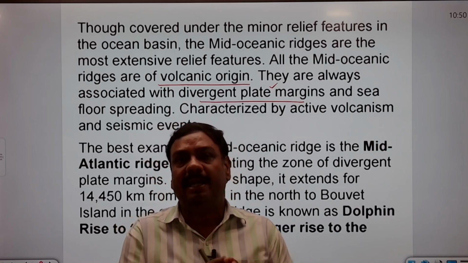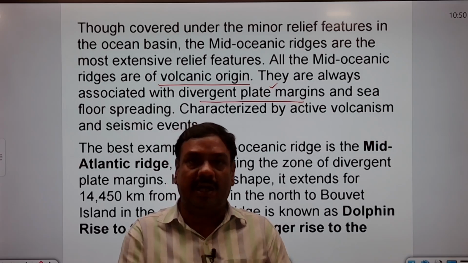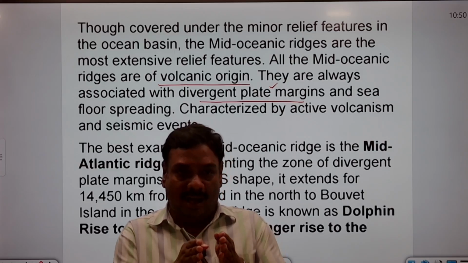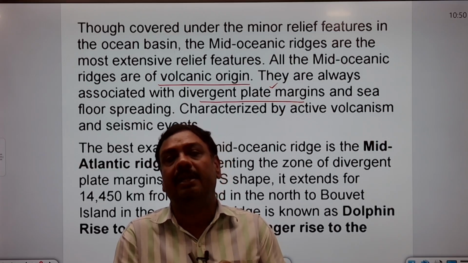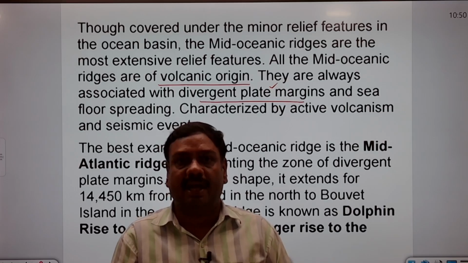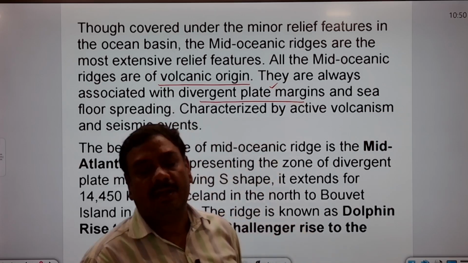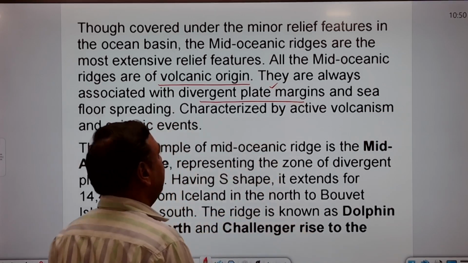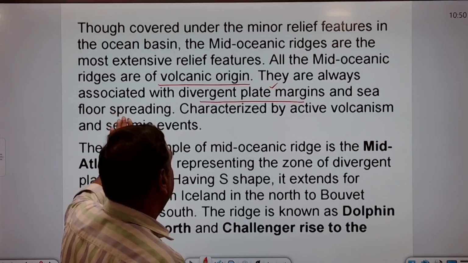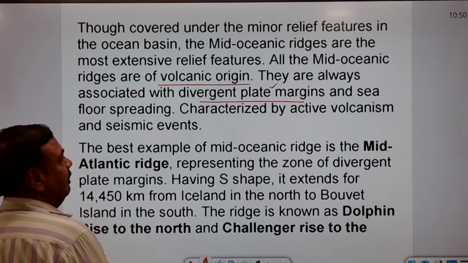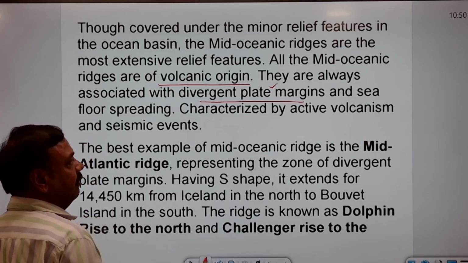So this magmatic material actually serves as a buffer zone, or you can say a point of joining between the two plates, right? So that is why the seafloor got spread in the region of mid-oceans, right? And that is why these are always associated with the divergent plate margins and the seafloor spreading.